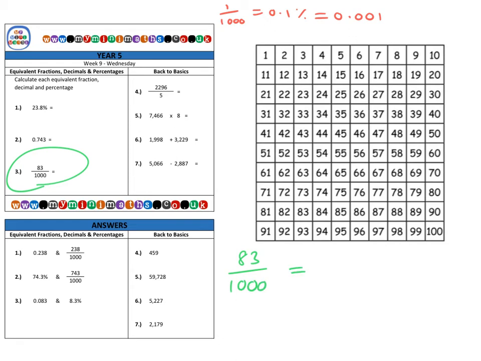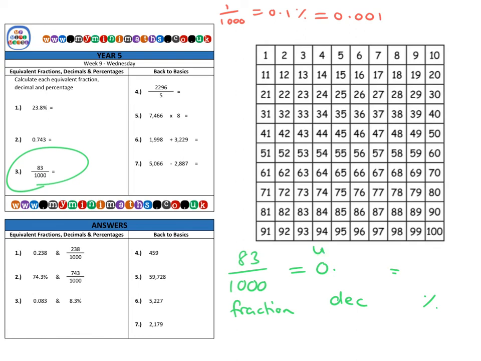And we're going to change that into a decimal and then into a percentage. So, as a decimal, if we look at this 83 per 1,000, we're going to look at our values here.